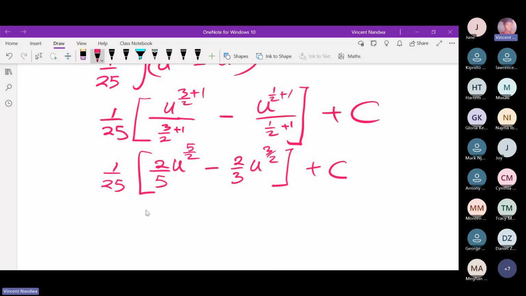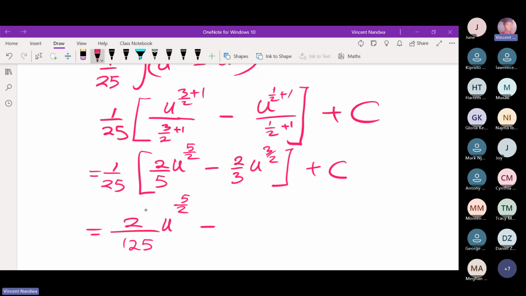So 1 over 25 times 2 over 5 will be 2 over 125, then u to the power 5 over 2.